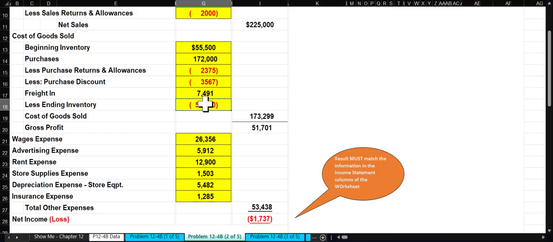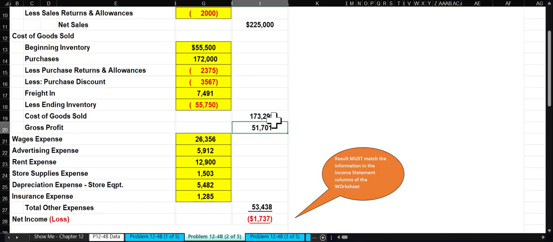And then we subtract the ending inventory and we get what is called cost of goods sold. So they sold inventory for a net of 225, but the cost to the company was 173,299. And so the difference between the net sales and the cost of goods sold gives us gross profit.